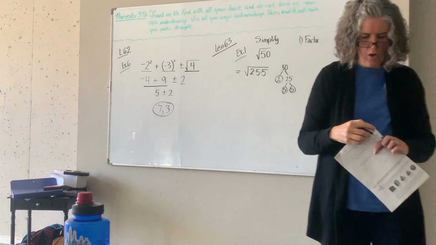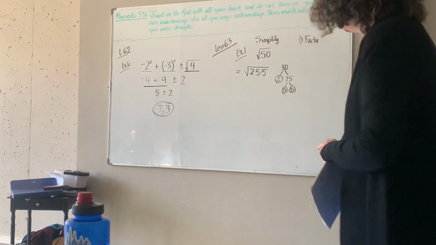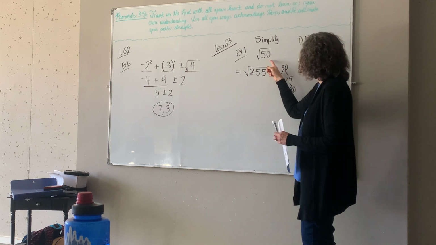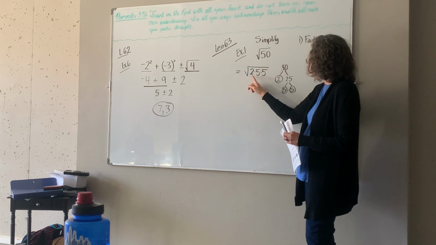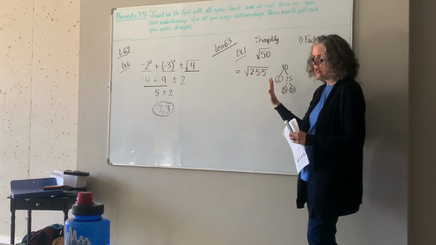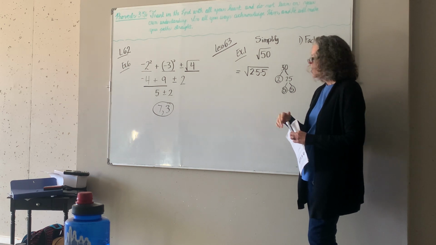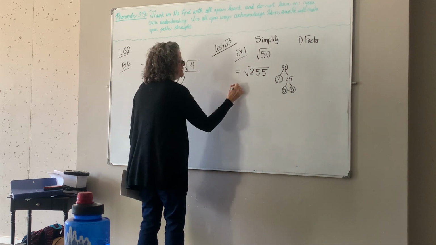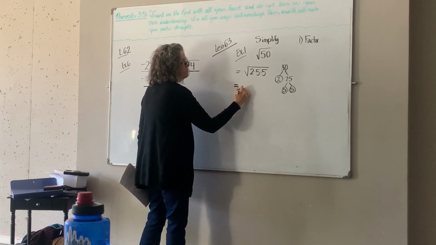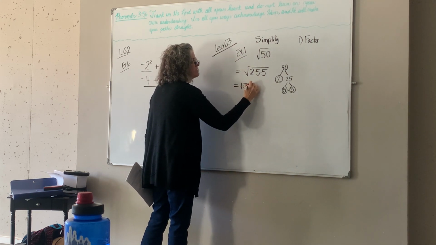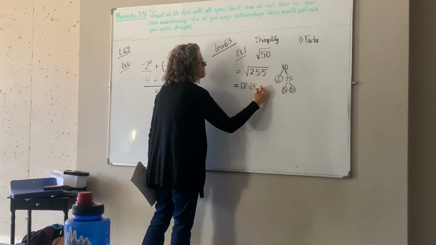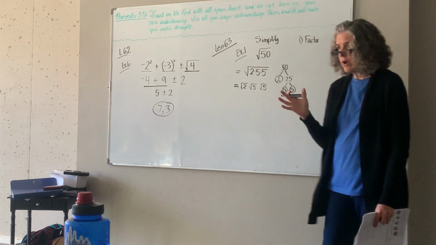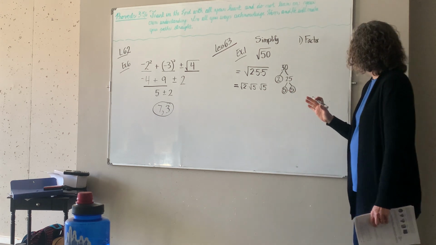Okay, so hold up for a second and make sure you follow me. All I did was do the prime factorization of 50, and I rewrote 50 as 2 times 5 times 5. That's all I did, okay? In the book, in the lesson, they tell you that you can actually break the roots up. That's the same as the square root of 2 times the square root of 5 times the square root of 5. You can actually break up roots like that, okay?